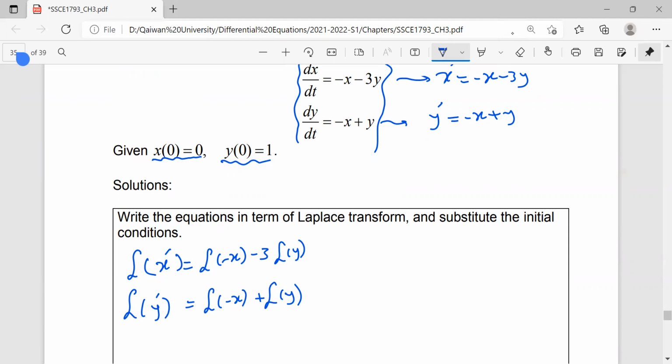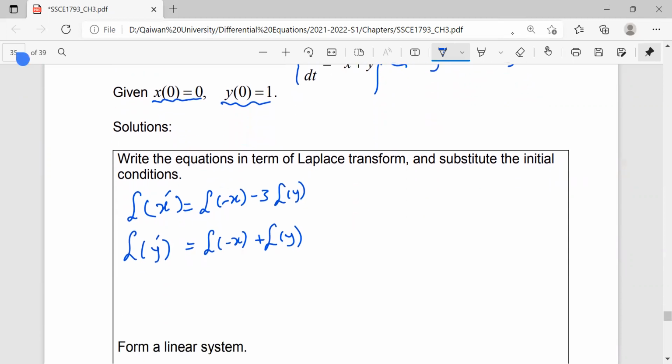Now we take the Laplace transforms. The Laplace transform of x prime is s times x of s minus x naught, equals the Laplace transform of minus x, which is minus x of s, minus 3 times the Laplace transform of y, which is y of s.